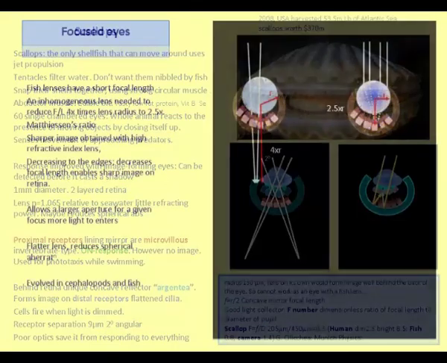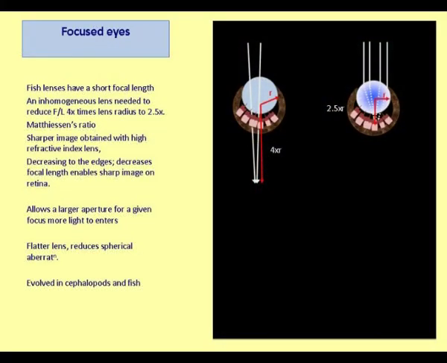So focusing is critical if we want to see things in finer detail. But with a spherical lens, we know we can't really do that because the focal length is too long. But we know that fish can focus. So how do they focus with a spherical lens?